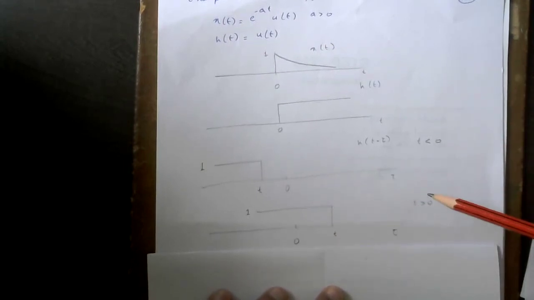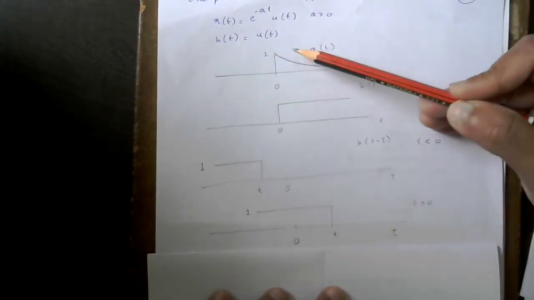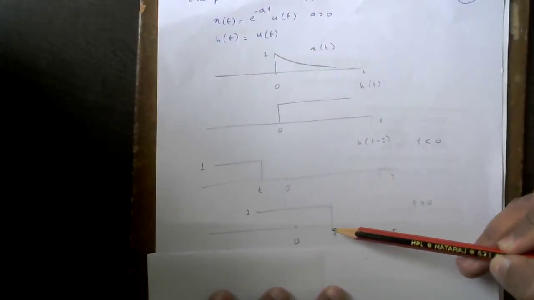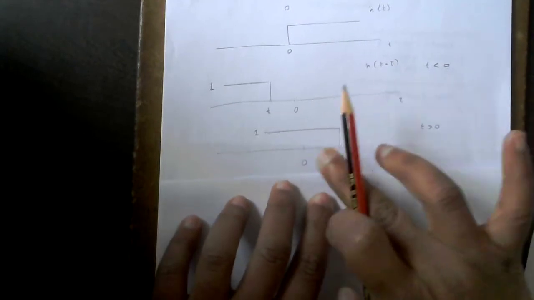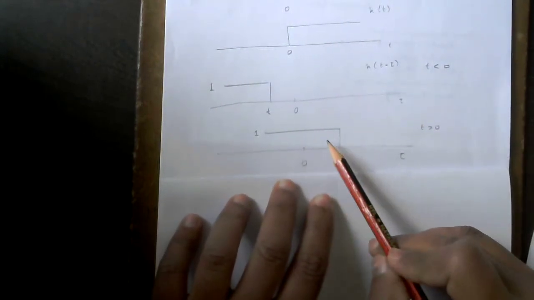When t is greater than 0, the flipped and shifted h of t minus tau looks like this. If you multiply x of t with this h of t minus tau, the value of this is 1, because this is a flipped unit step, correct?